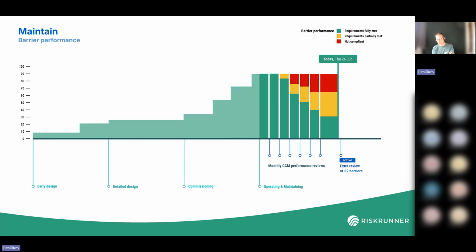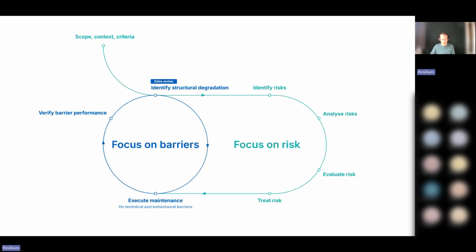Then it's time to do an extra review at this top part to see if we have some structural degradation here. If so, we may need to change our process and make some big changes, or we need to have some extra maintenance.